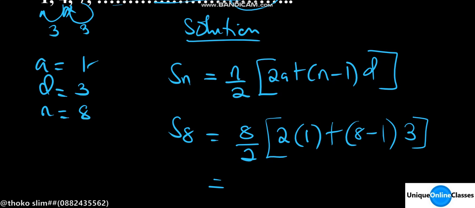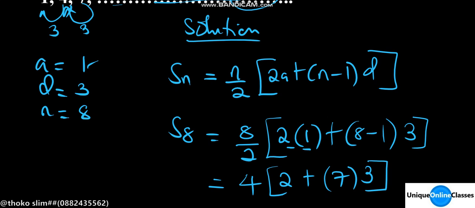So 8 over 2, that's 4 outside, and here 2 times 1, that's 2, then plus 8 minus 1, that's 7, and here we have 3.